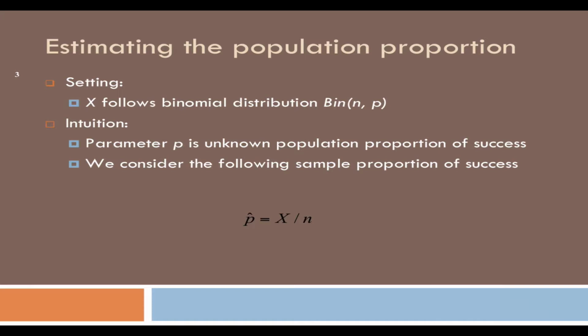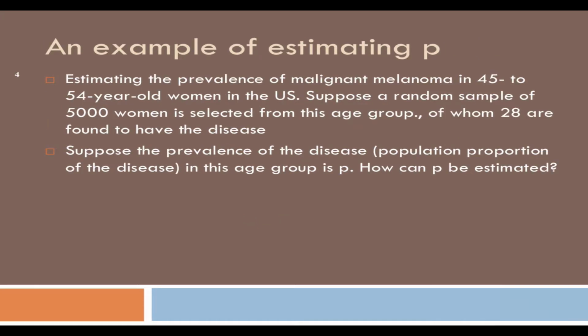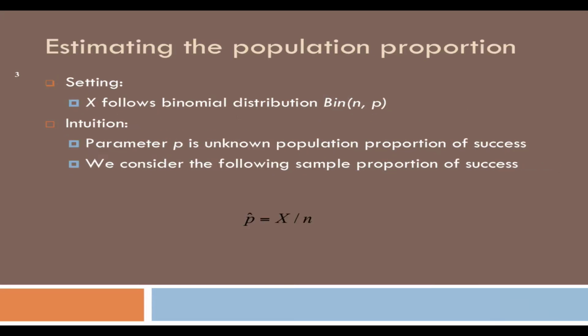So P hat can be estimated from X over N, which is the number of successes over the total number of experiments that you have. In this example, the number of events is 28, and the total number in your sample is 5,000. So it's 28 over 5,000.